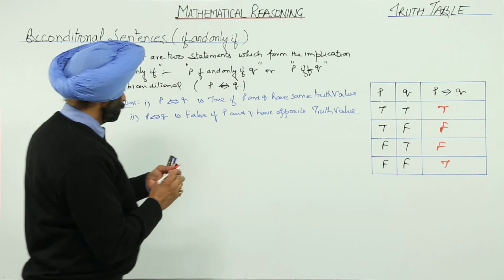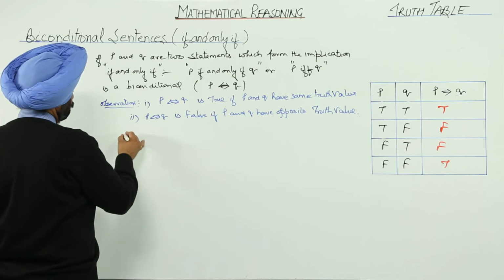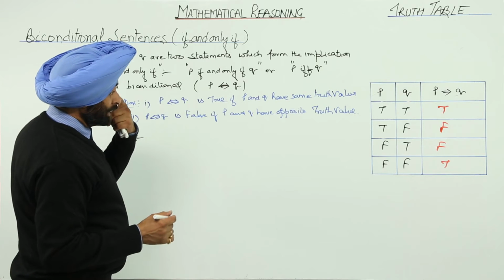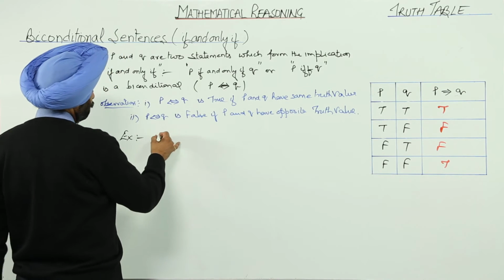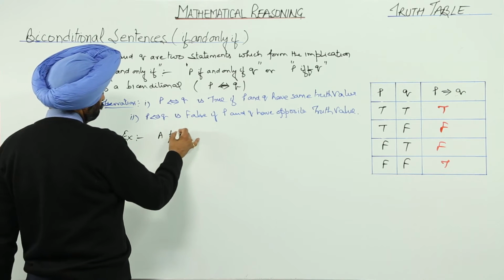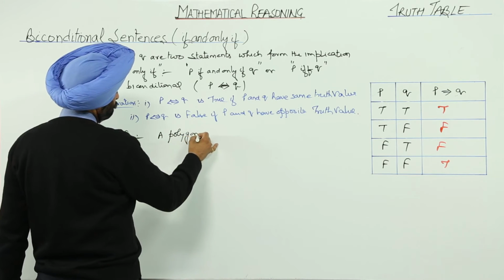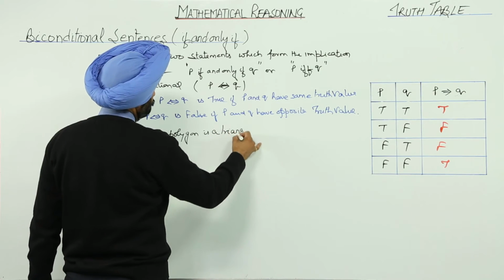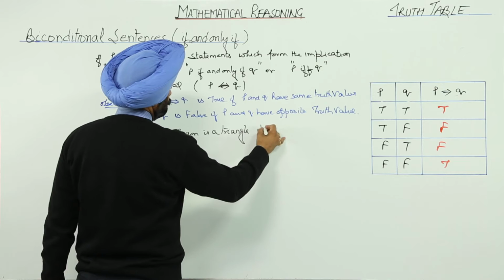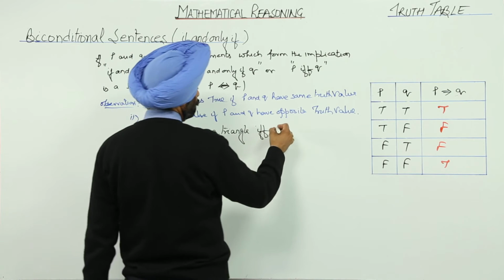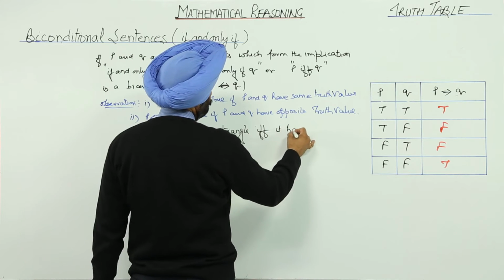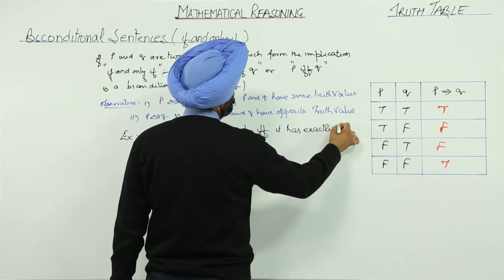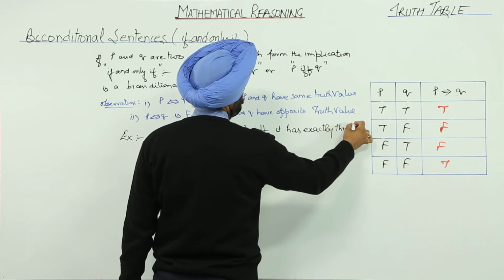Now, example. We can write any sentence. Suppose we have: a polygon is a triangle if and only if it has exactly 3 sides.